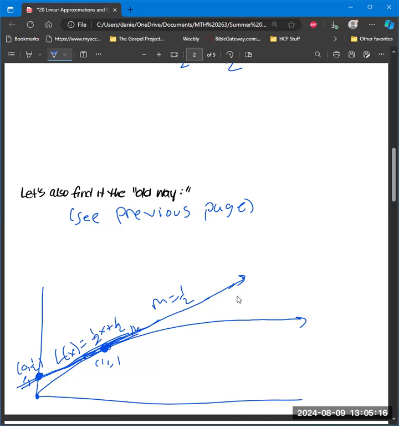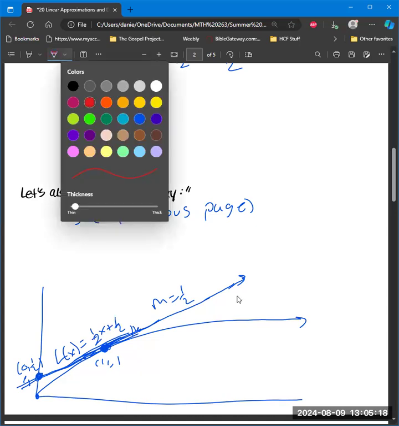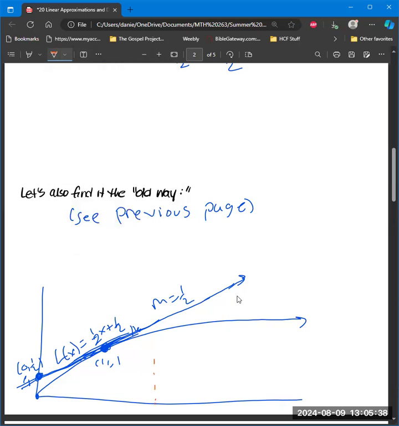And at points that are close to (1, 1), like if I wanted to approximate the square root of 2, let's say, and let me just grab a color here where I can do that. 2 would be somewhere over here.